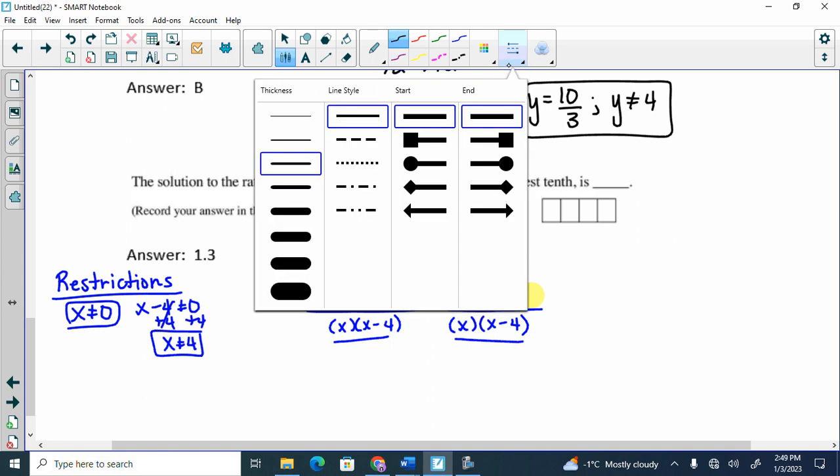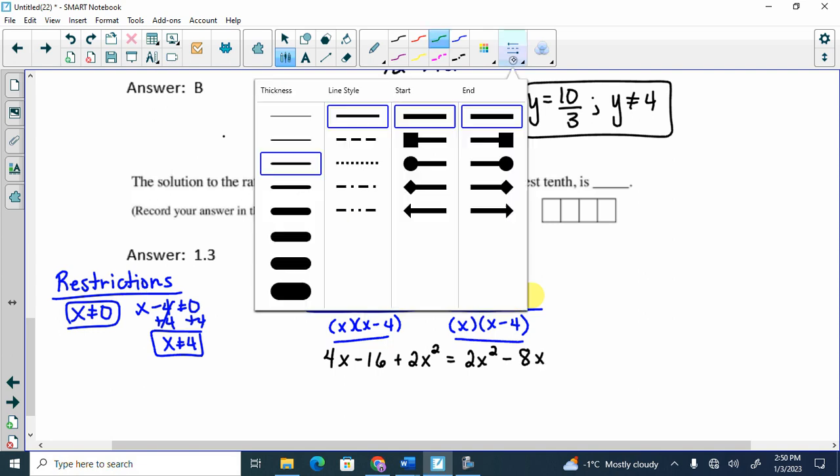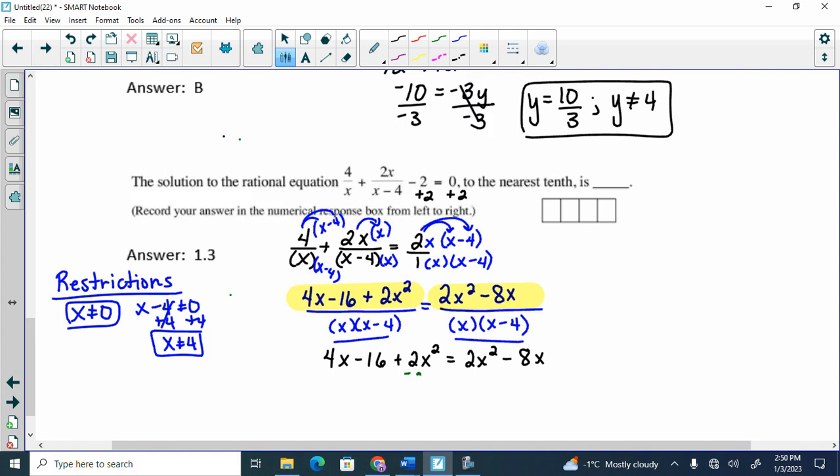And so I'm going to go 4x minus 16 plus 2x squared equals 2x squared minus 8x. Now, I can subtract 2x squared from both sides, and it actually goes away, and I don't have a quadratic, and I don't have to use the formula. Yay! So I get 4x minus 16 equals negative 8x.